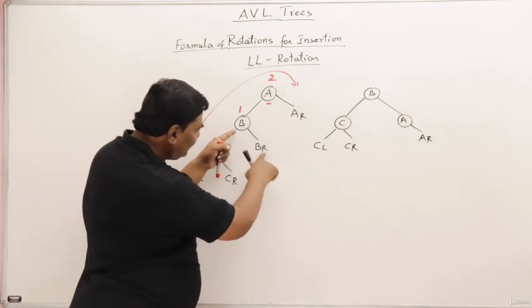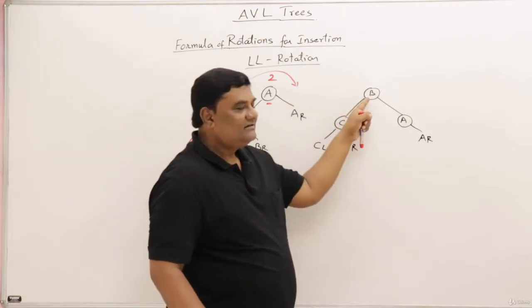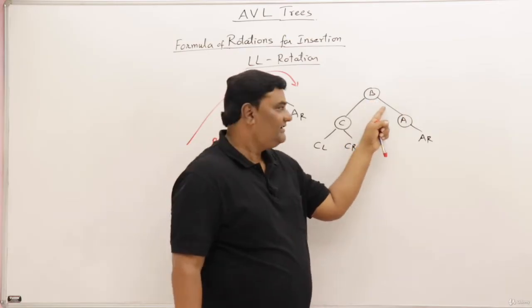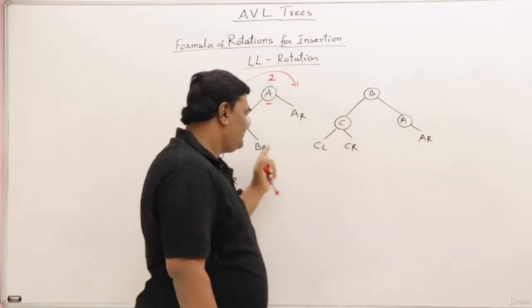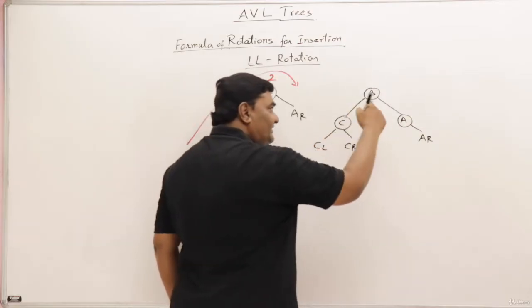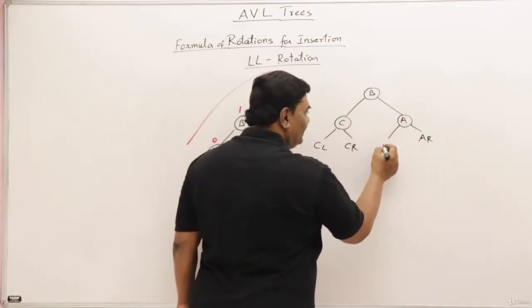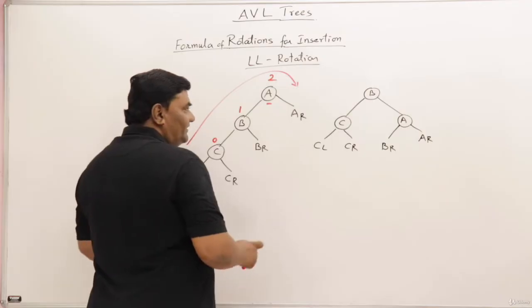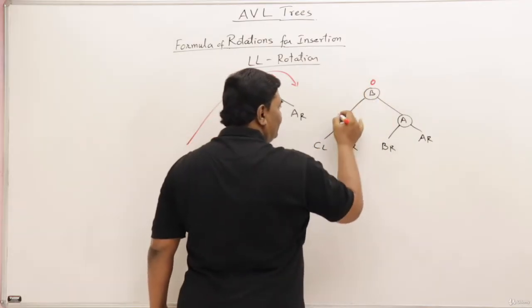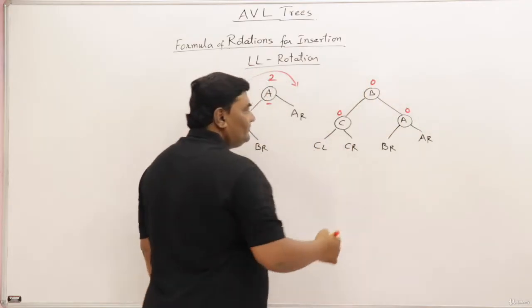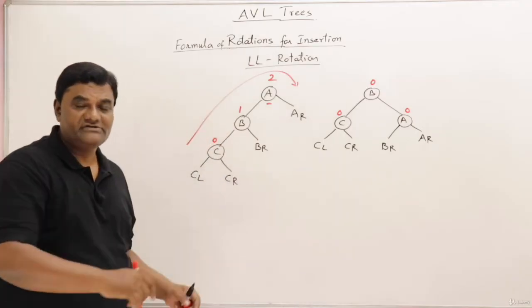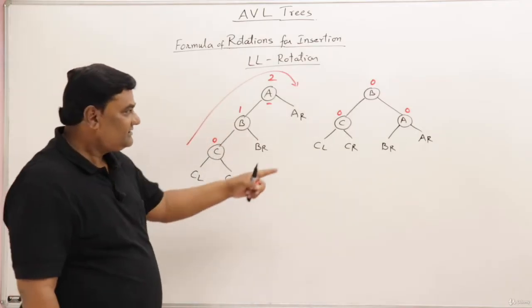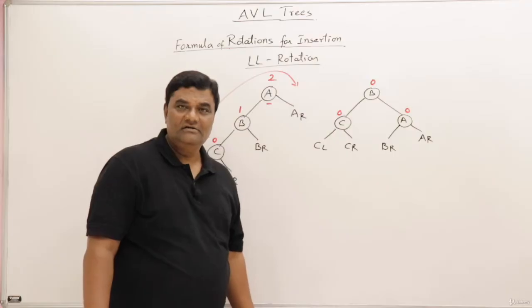This is on the right hand side of B, and B has become root. Already on the right side A is there. Then where should this come? It will be on the right hand side of B only, but it will become a left child of A. And after rotation, we know that the balance factors all of them become 0, yes, for those 3 nodes. That's it. This is like a formula.